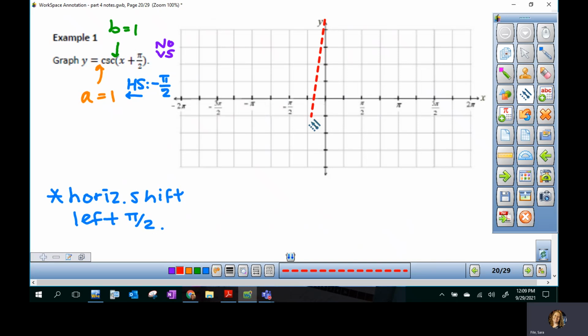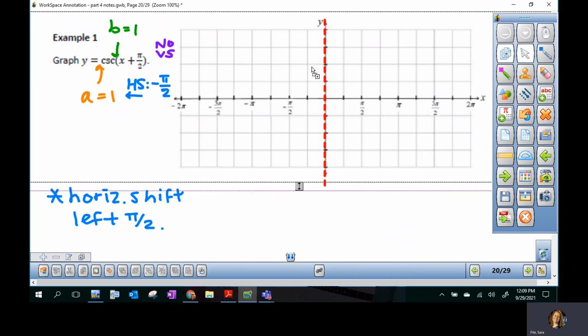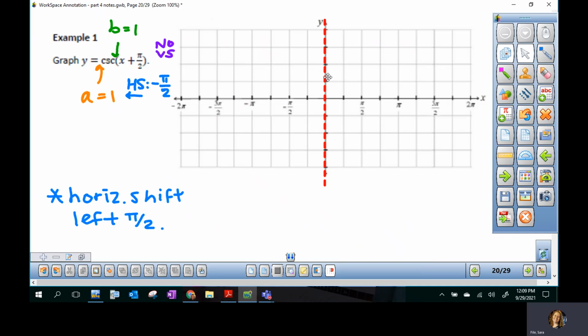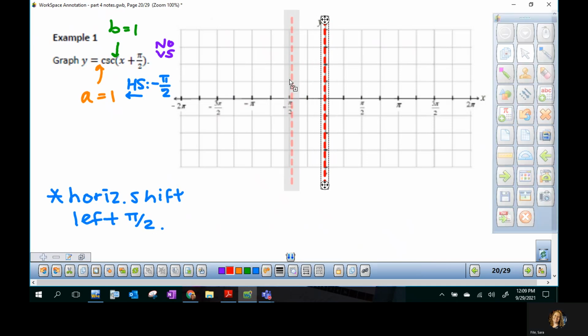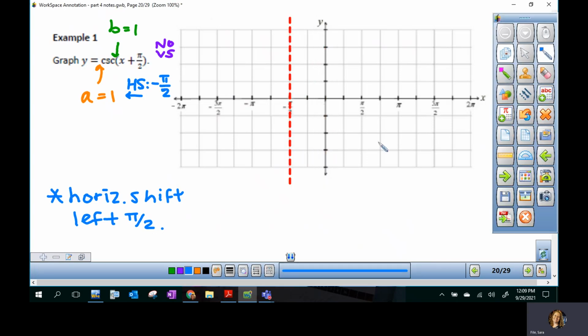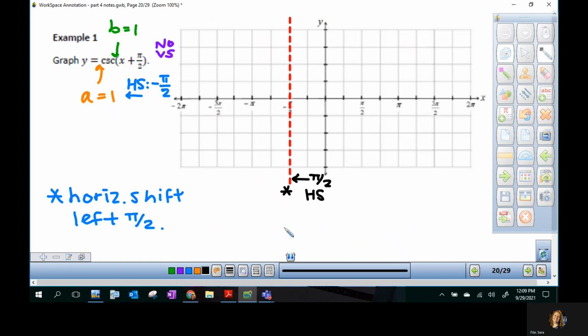So our asymptote is here. But I want to shift it to the left pi halves. So it's going to, oops, not the graph, the asymptote. Okay, so I'm using that asymptote right there. This is like my starting point, if you will, okay, because I've shifted left pi halves. That's my horizontal shift.